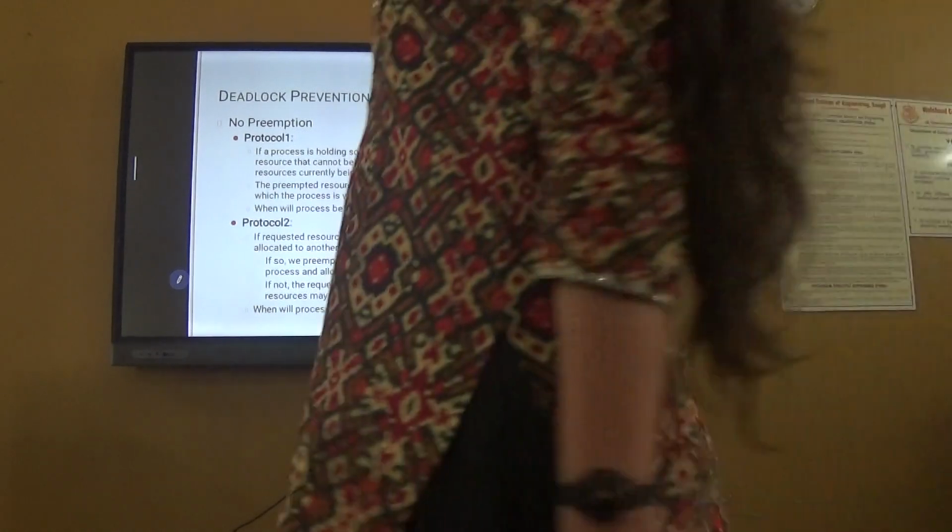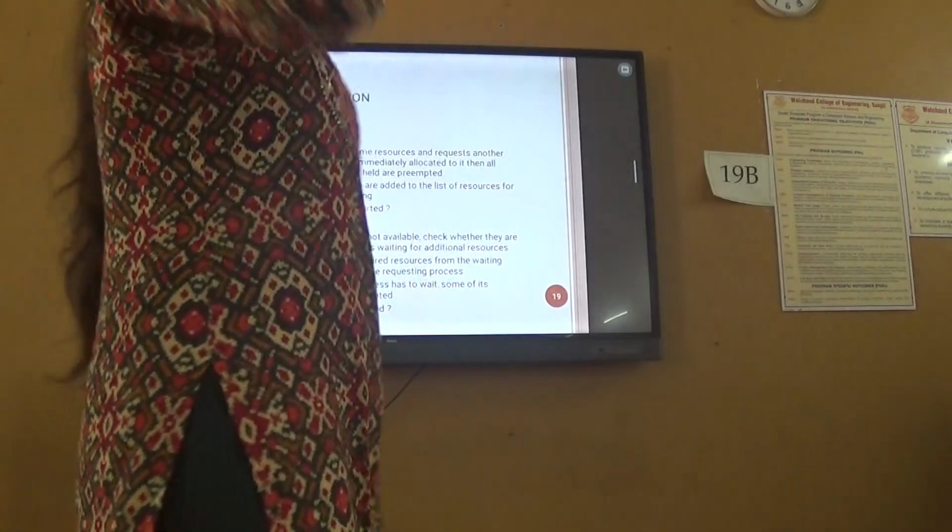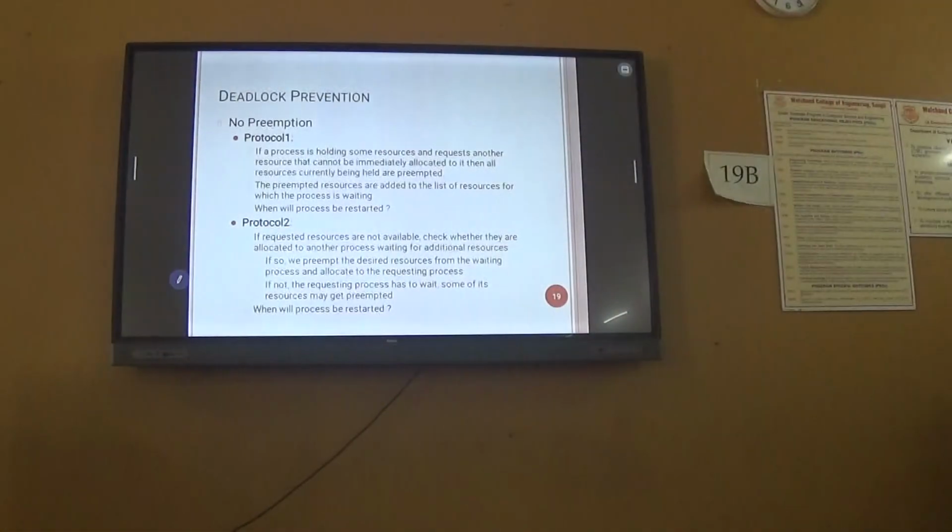If the requested resources are not available, check whether they are allotted to another process waiting for additional resources. If the resource requested by Prajwal is not available, check whether it is being held by Shashank, who is waiting for the additional resources that are being held by Aniket.